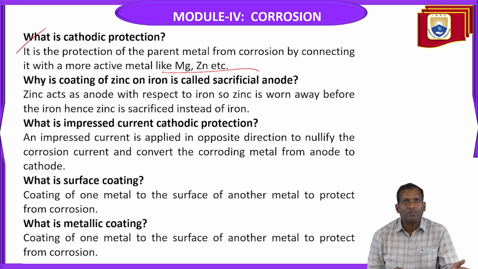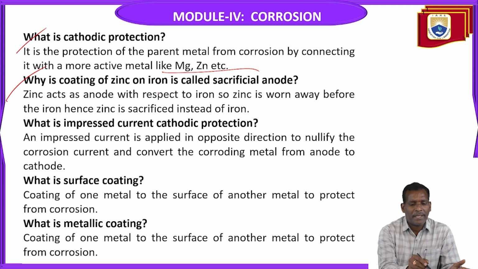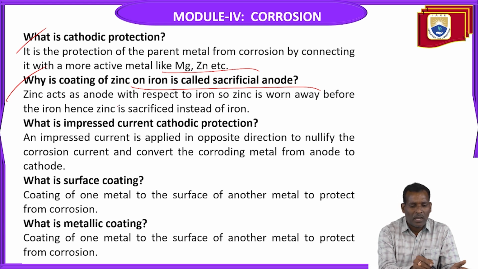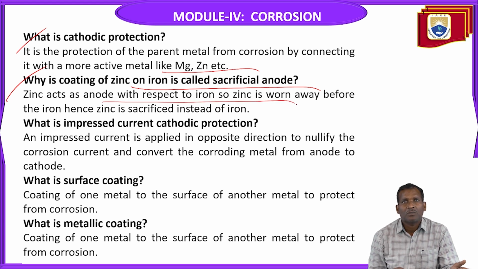So why is the coating of zinc on iron called a sacrificial anode? The zinc acts as anode with respect to iron. So zinc is worn away before the iron, and zinc is sacrificed instead of iron. The coating of zinc is applied on the iron surface, and here zinc acts as anode.